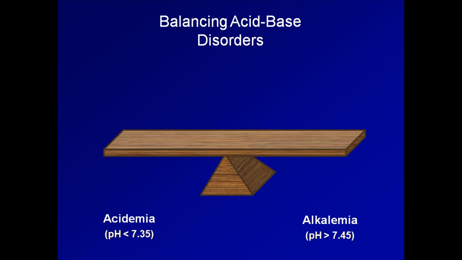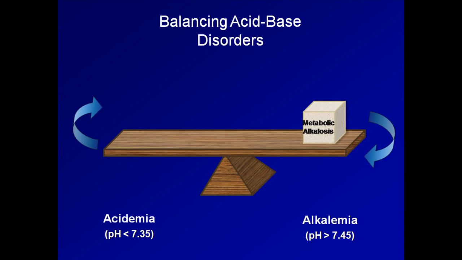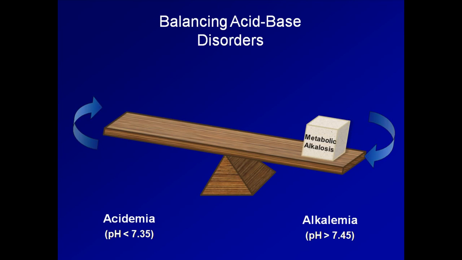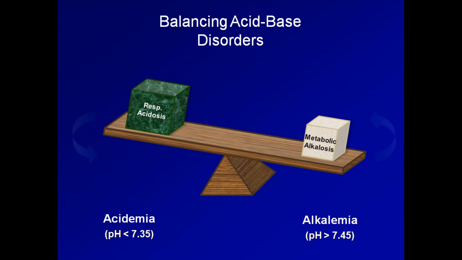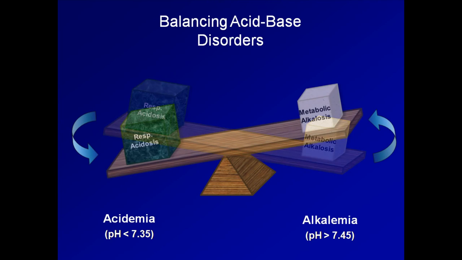Suppose for a moment that a patient starting with normal pH develops a mild, isolated metabolic alkalosis. This will necessarily cause the scale to tip into alkalemic territory. If that person then develops a severe respiratory acidosis, the scale will tip in the other direction.